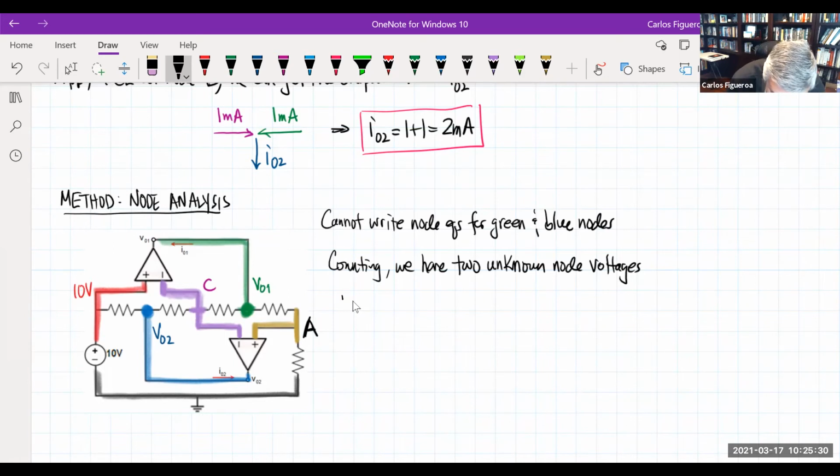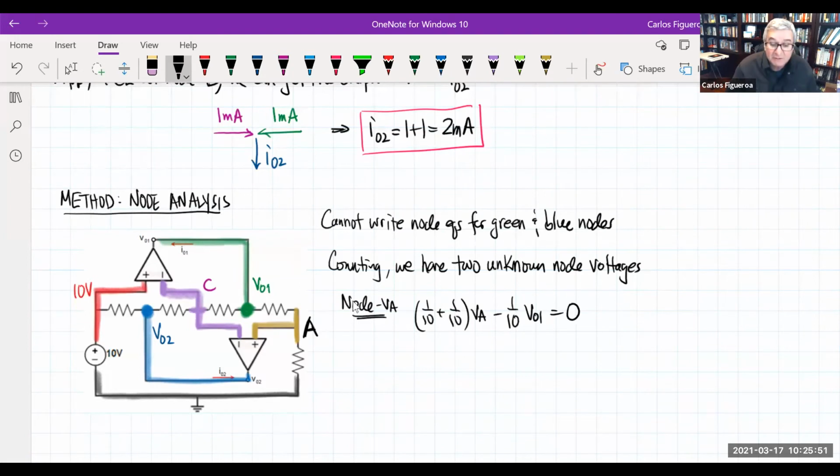So I look at node VA. I can see that I have 2 resistors: 10, 10, VA, then one with the ground and one connected to the output, and of course that has to be 0.